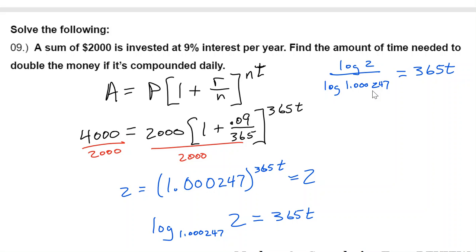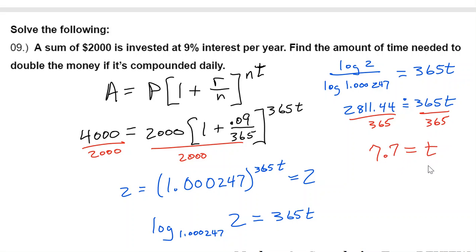And that's going to give me something like this. And then I'm going to divide both sides by 365. That's going to give me about 7.7 for time. It's going to be about 7.7 years.